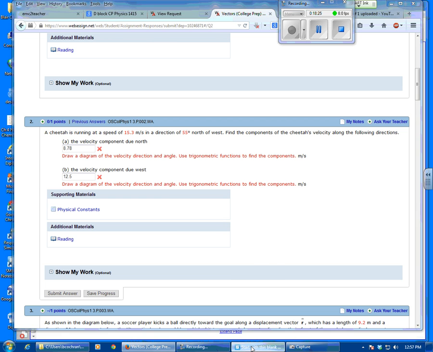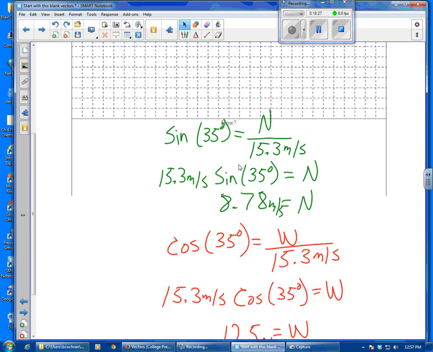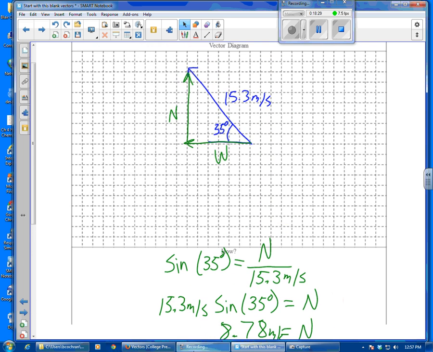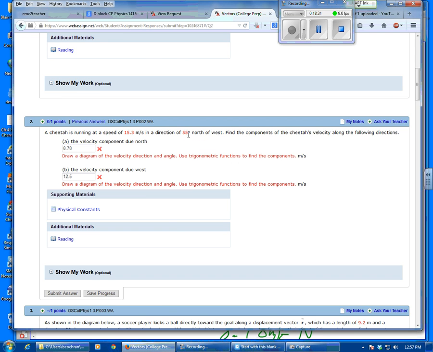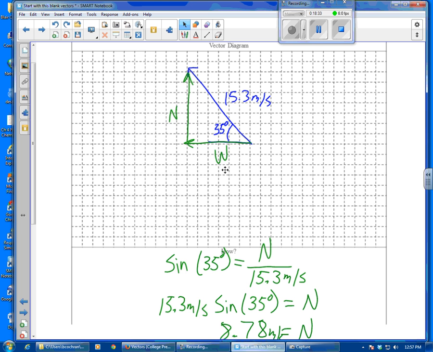Oh, you know why? Because my angle isn't 35, it's 55. So I did that to demonstrate a typical student mistake. I wrote my 5 and it looked like a 3 to me.